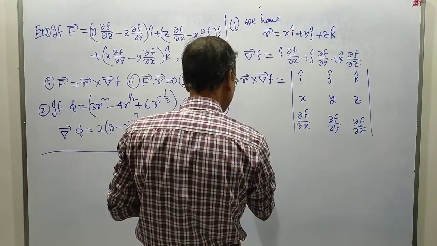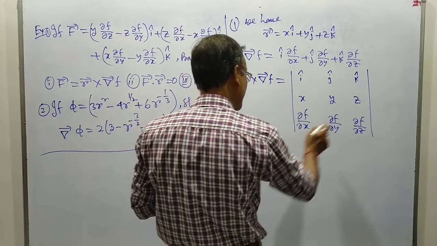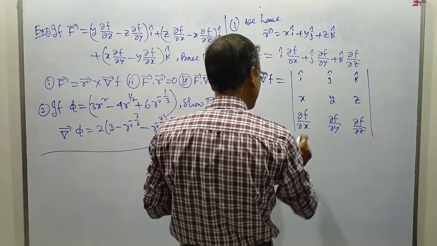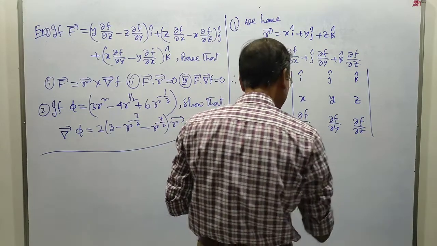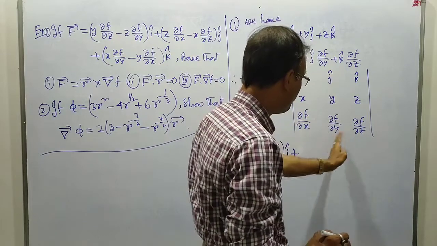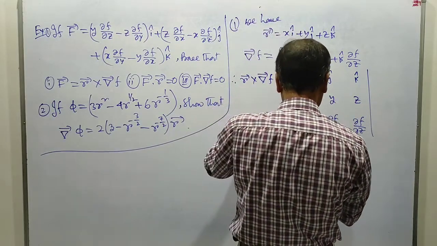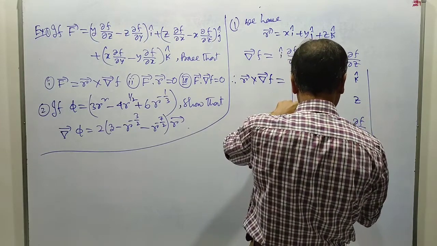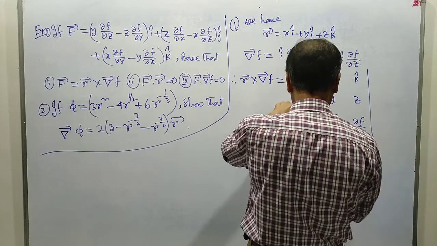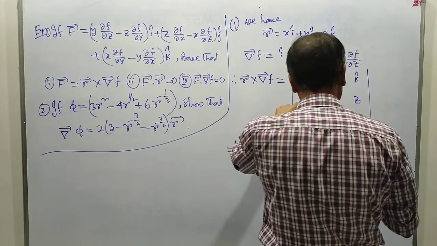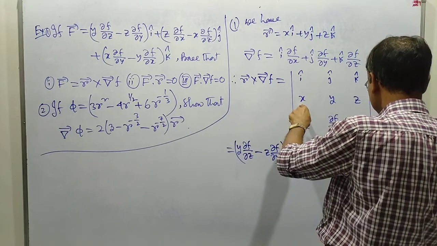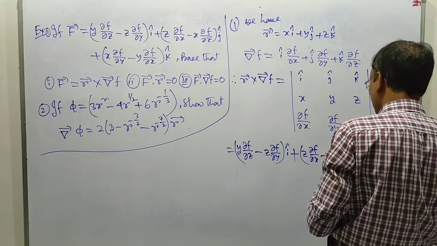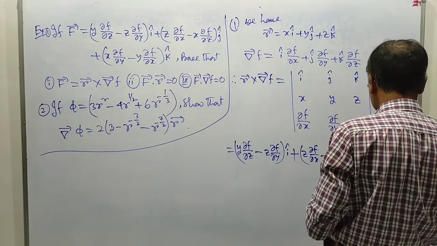You may write (y ∂F/∂z minus z ∂F/∂y) i cap plus, for j cap, (z ∂F/∂x minus x ∂F/∂z) j cap plus (x ∂F/∂y minus y ∂F/∂x) k cap.